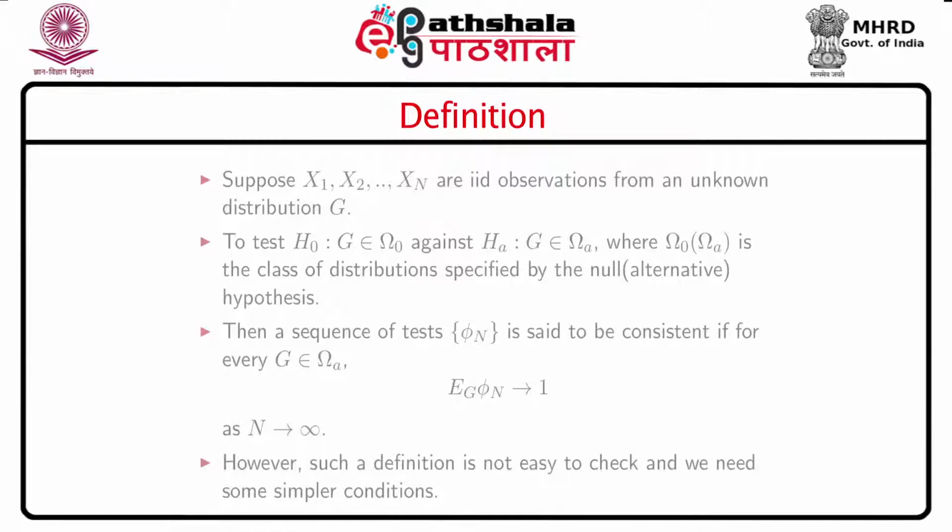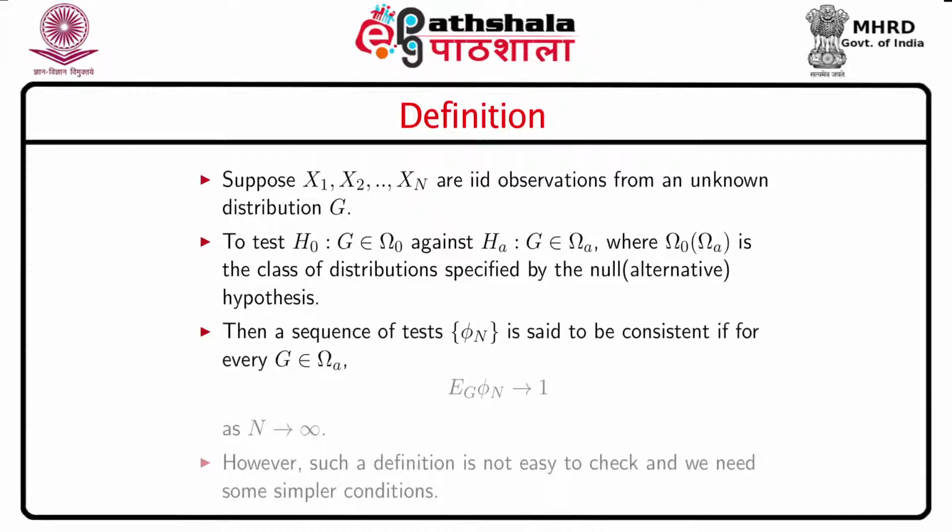For the specific definition, assume X1, X2, ..., Xn are IID observations from an unknown distribution G, to test the null hypothesis that G belongs to some Omega naught against the alternative that G belongs to some Omega A, where Omega naught is a class of distributions specified by the null hypothesis and Omega A is a class of distributions specified by the alternative hypothesis.